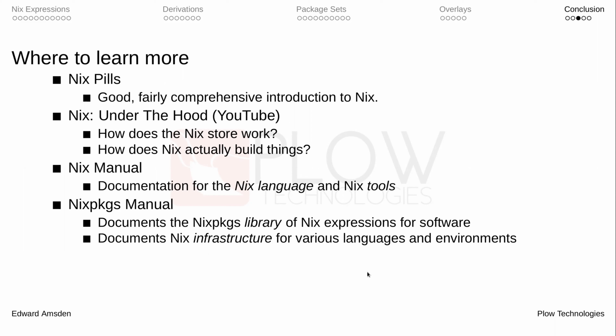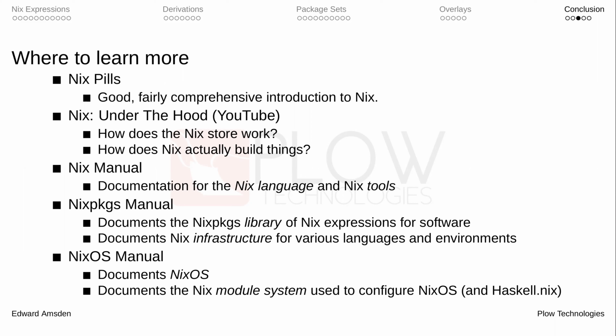The Python infrastructure is documented there, the Haskell infrastructure, the Rust infrastructure, and the LaTeX infrastructure are all discussed in that manual. The NixOS manual obviously documents NixOS, but more importantly, from a development side, it documents the module system that was developed to configure NixOS, but is also used by Haskell.nix.